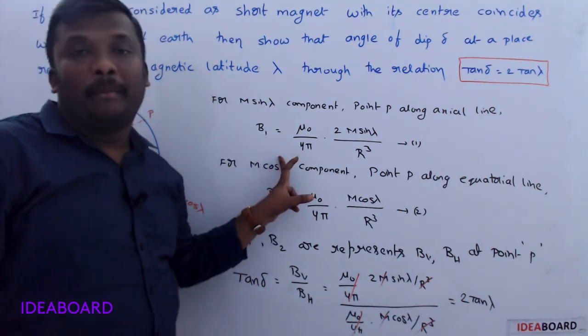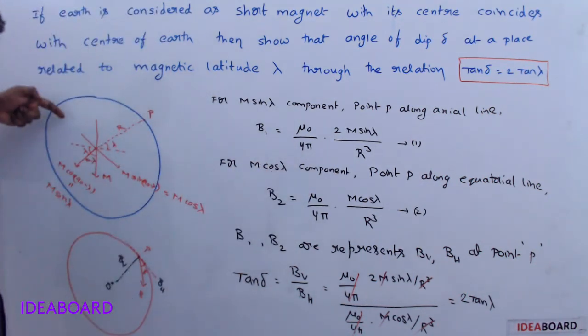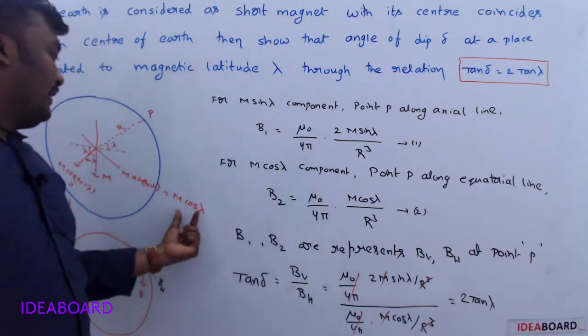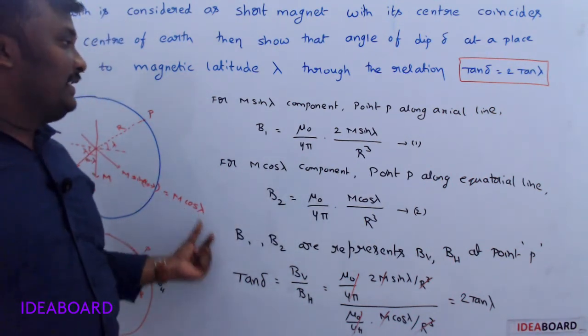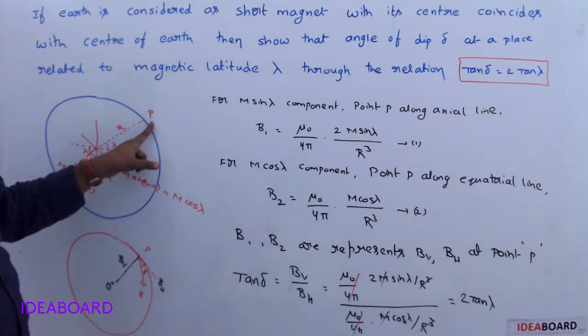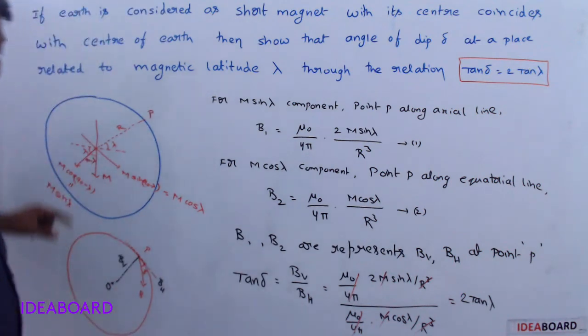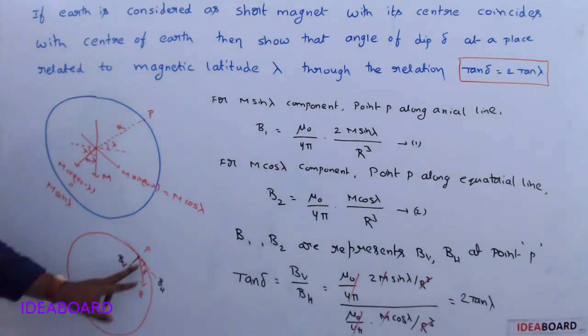For the axial line we know the magnetic field induction, and along this direction we have the M cos lambda component, for which point P is on the equatorial line. That's why we wrote the formula. And for the earth's magnetic field, it always makes an angle of dip delta.